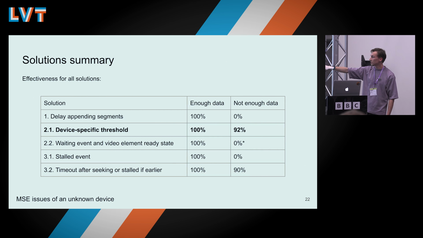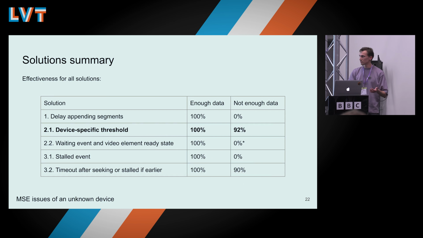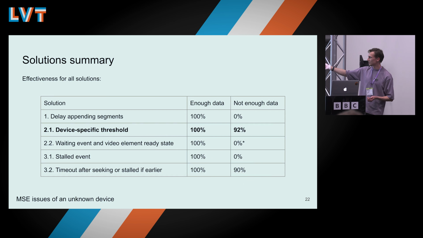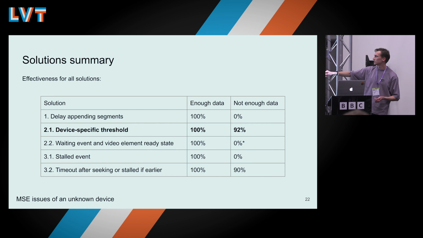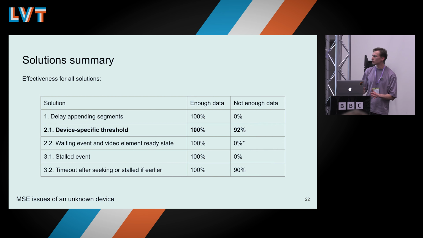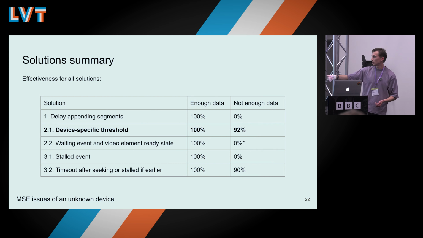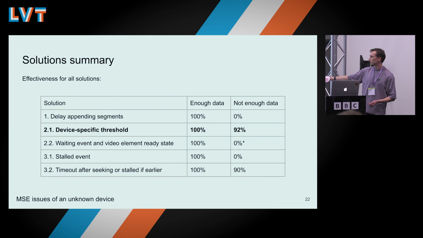For the waiting event, it worked, but because we need to make it work in the full app, not just for some environment, it's 0%. The stalled event didn't work in our case. I cannot really explain why. It was too late. And the last one, timeout, was only 90%.